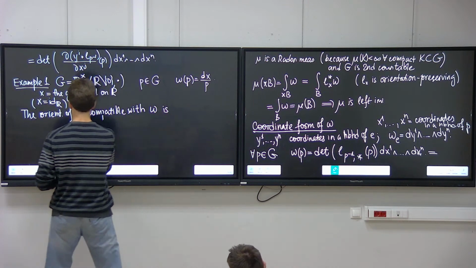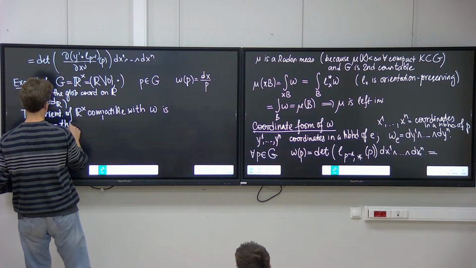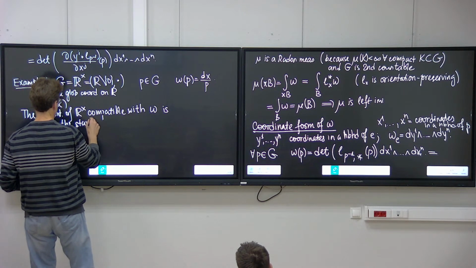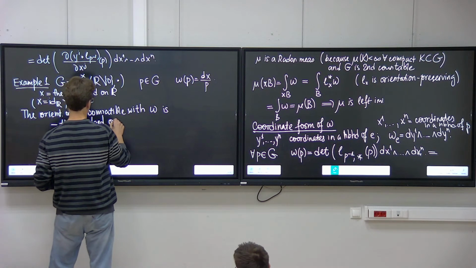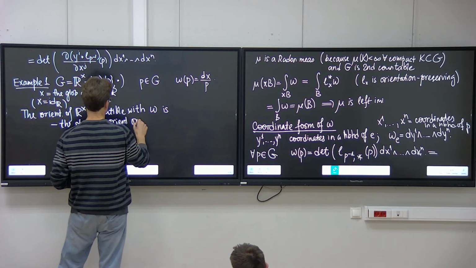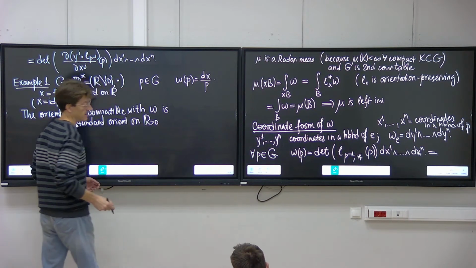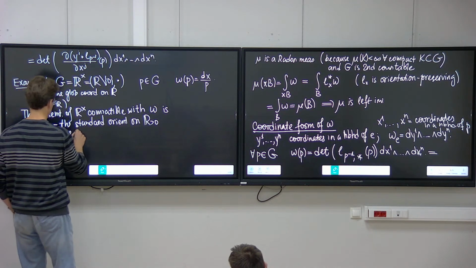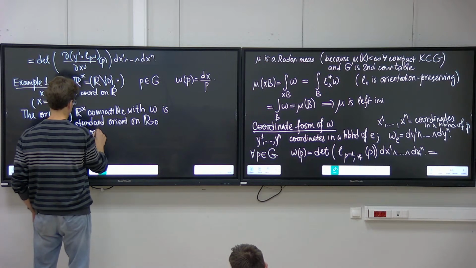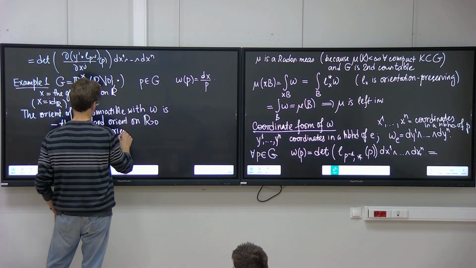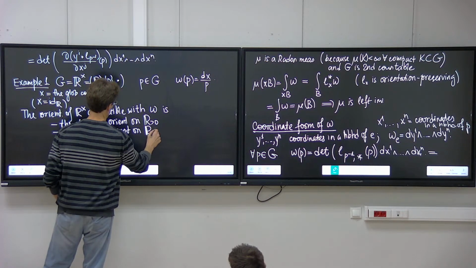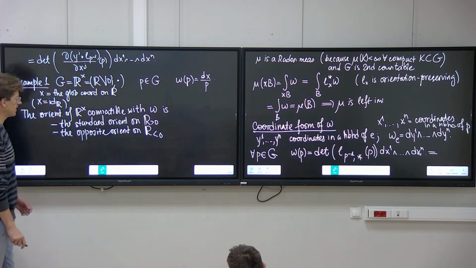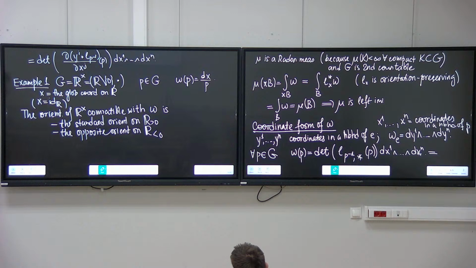This is the standard orientation on positive numbers and the opposite orientation on the negative numbers. Let's recall that when we constructed omega, we required that the orientation on G is compatible with omega in the sense that omega is everywhere positive.